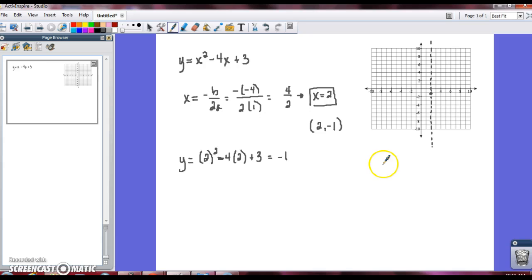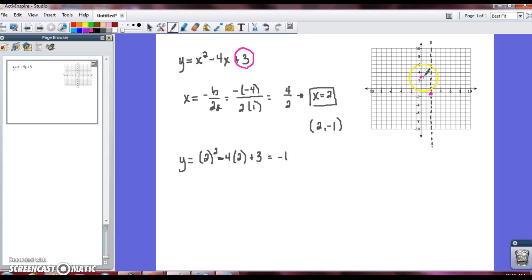Okay? We also know our y-intercept. Our y-intercept is given to us in the equation. Our y-intercept is 3. So I have my vertex here, and I have my y-intercept at 3.